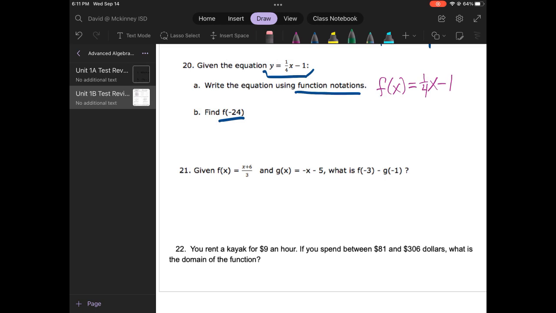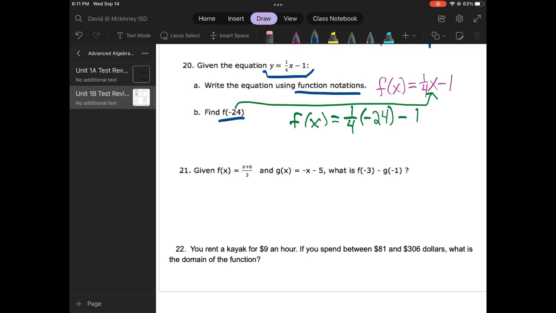Now to find f of negative 24. This means that when the value of x is negative 24, I want to find out what the value of y is. And so I will take the negative 24 and plug it in for my x value. I'll write f of x is equal to 1/4, parentheses, negative 24, close parentheses, and then a minus 1.